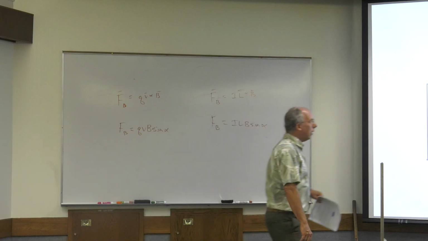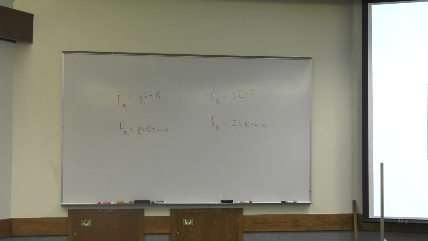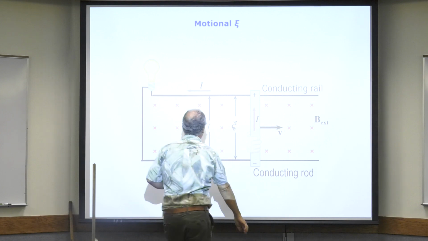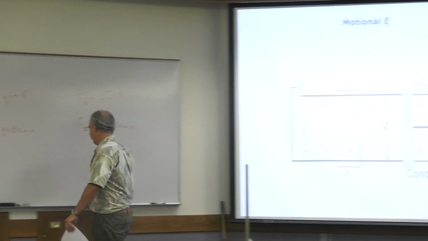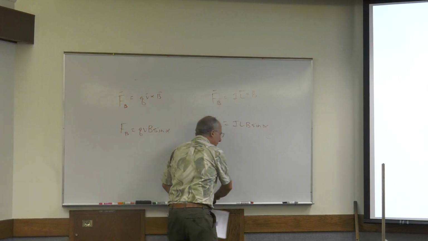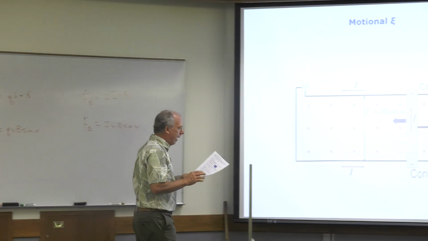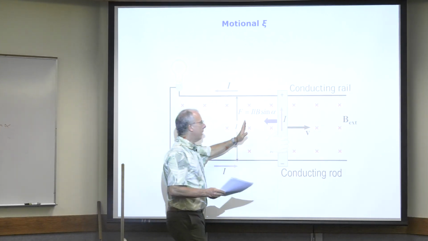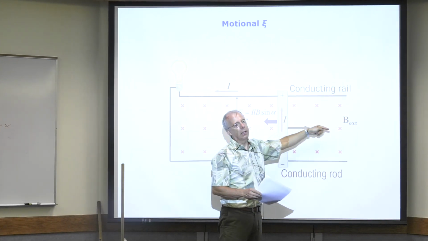All right, so let's do it. So IL points up, B is in, so where does the thumb point? That way. Okay, so there's a force on that rod or wire that points to the left. Now, that makes totally good sense. Because think about it. Let's just pretend it pointed to the right.